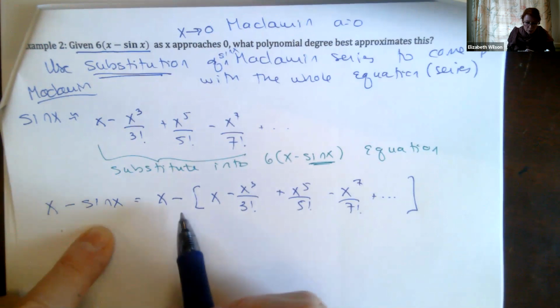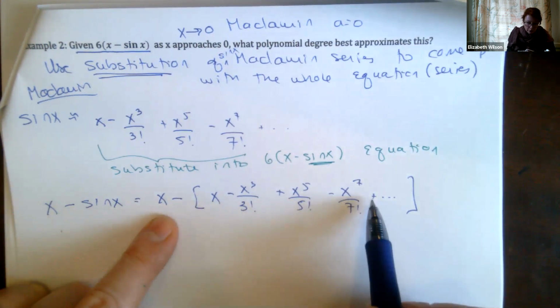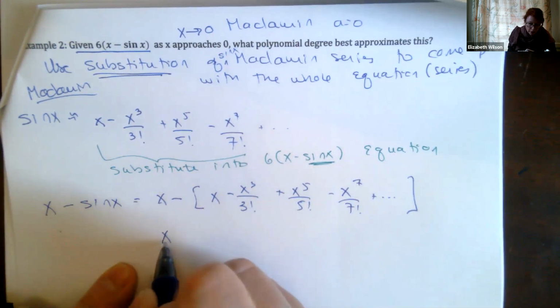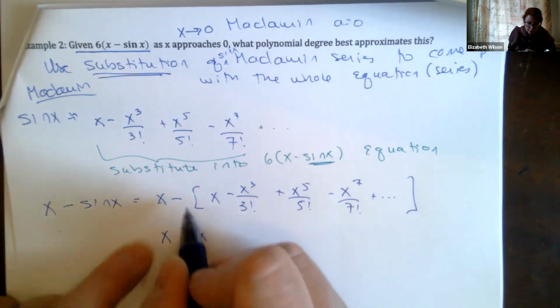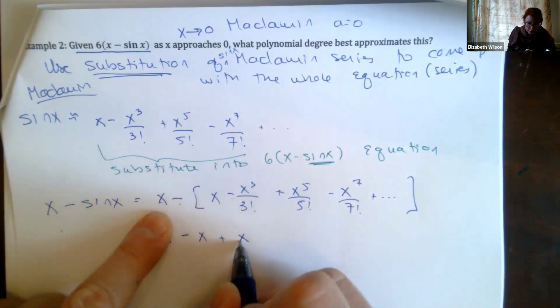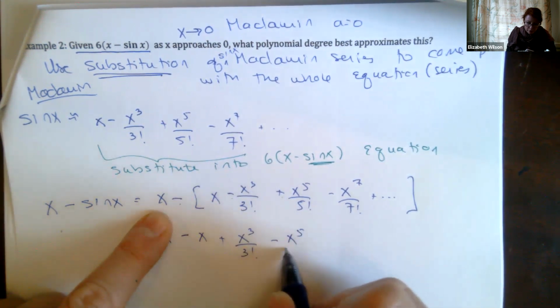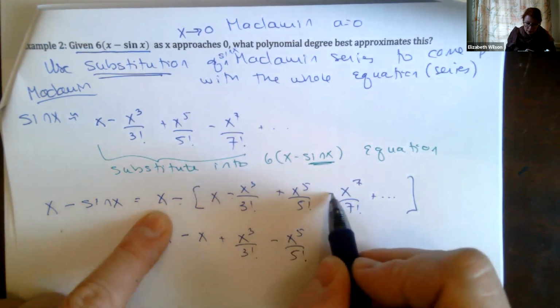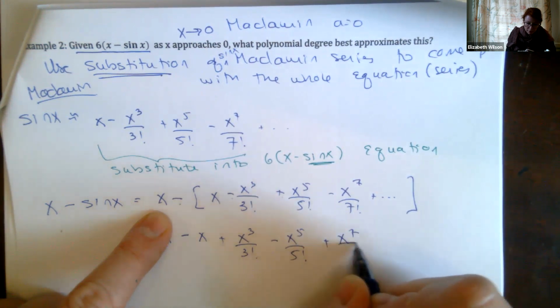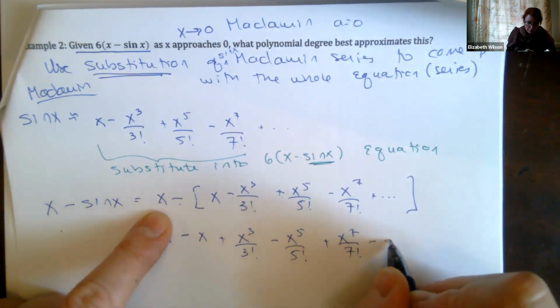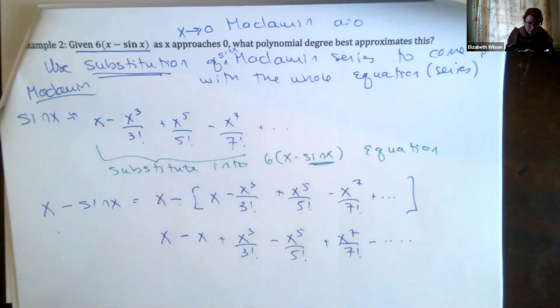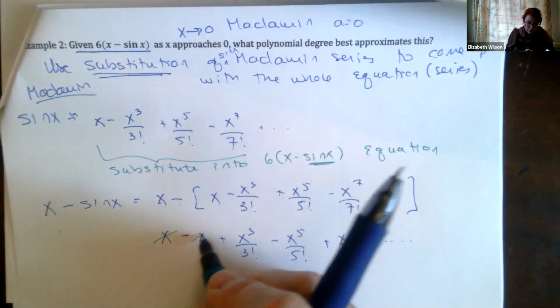Now I'm going to distribute the negative. So this is going to look like x minus x plus x cubed over 3 factorial minus x to the 5th over 5 factorial plus x to the 7th over 7 factorial minus dot, dot, dot. And now I can cancel these. Watch, that one goes.